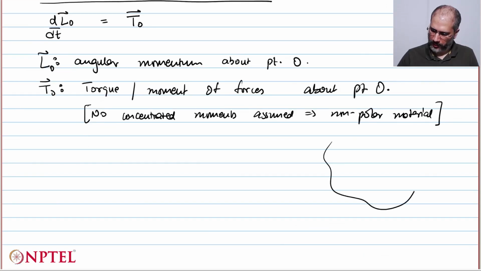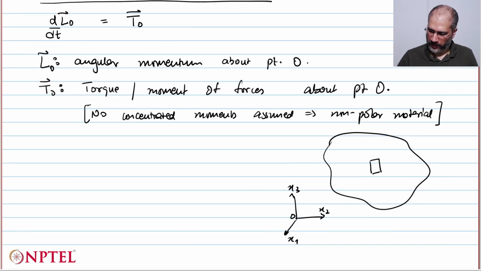So let us say this is our object in the current configuration at time t, and this is our origin with the coordinate system Ox1, x2, x3, and let's say we have an infinitesimal volume d omega which has a velocity, let's say vi.